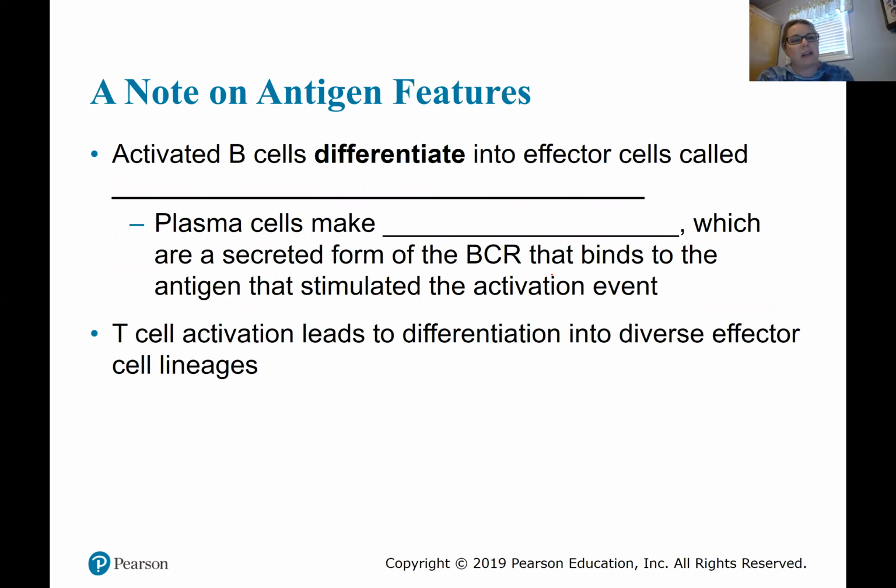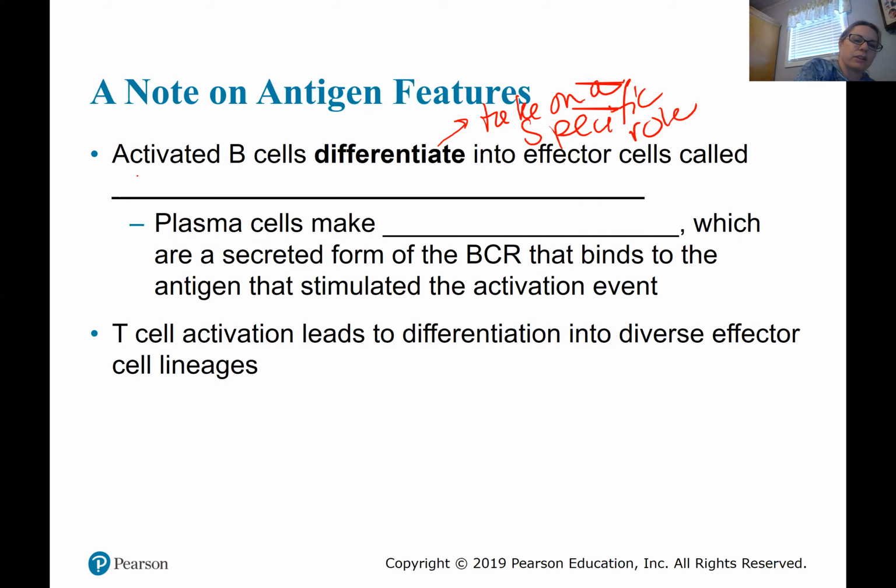So with B cells, when B cells clone, they're going to mature and differentiate. Differentiate means it's going to take on a specific role. And if a B cell differentiates into an effector cell, this B cell is then called a plasma B cell.